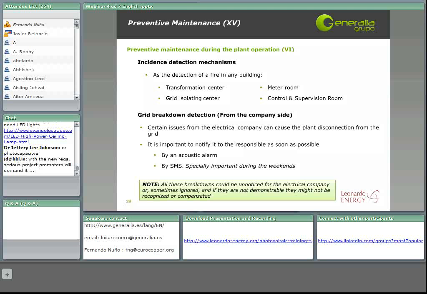So it is very important for us to detect these kinds of failures as soon as they happen and notify the responsible person in our solar plant so that he can warn the company that this kind of failure is happening. We insist that sometimes the electrical company can even ignore this kind of malfunctions, and they won't pay us any production losses if we don't notify them as soon as possible.